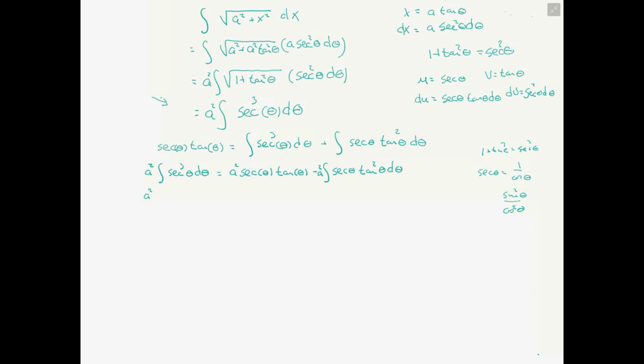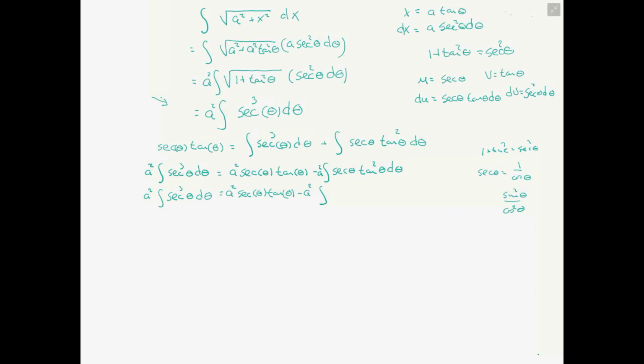So we have a squared secant to the third theta d theta equals a squared secant theta tangent theta minus a squared.